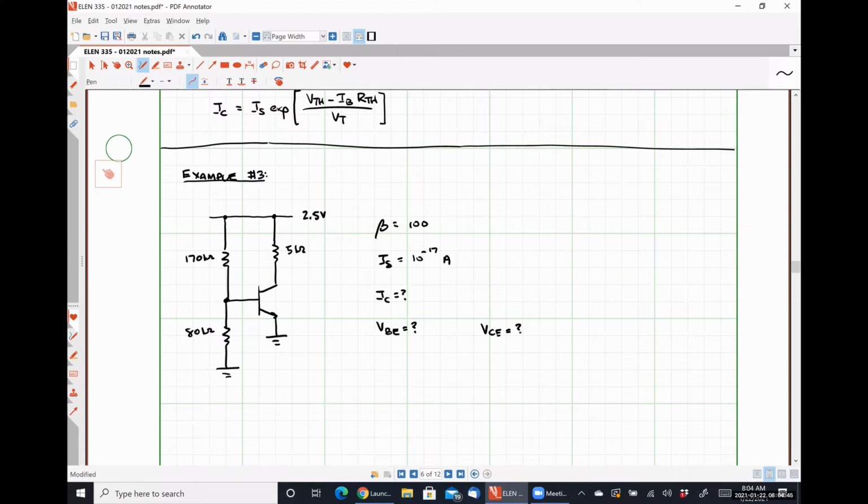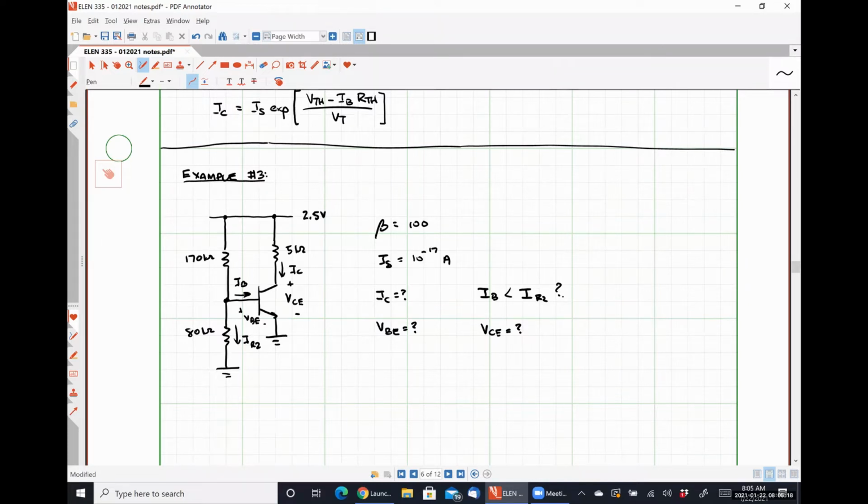We want to determine if our current IB is less than our current, which I'm going to call IR2, meaning we're trying to make sure that it's negligible. So I'm just labeling things real quick that we're going to be interested in. And so let's give this a go.